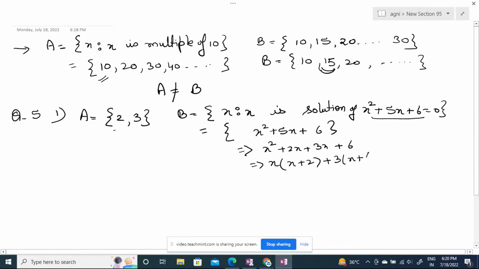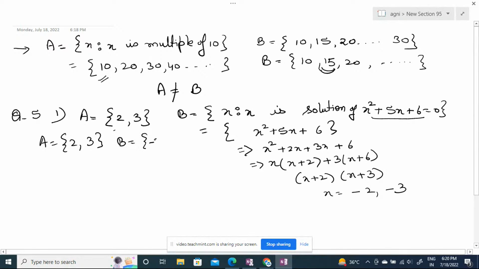So it becomes x plus 2 and x plus 3. So value of x becomes minus 2 and minus 3. So in set A we have 2 and 3, and in set B we have minus 2 and minus 3. Now the elements are not equal to each other, so A is not equal to B.